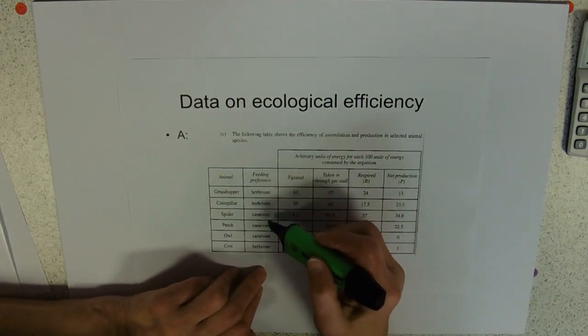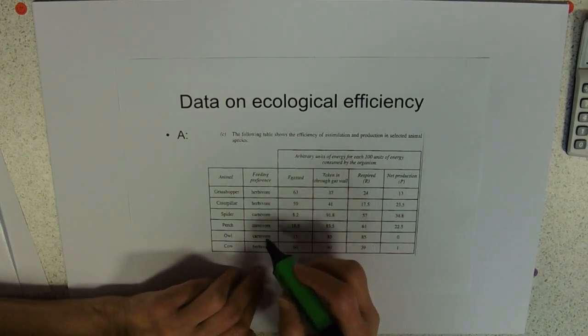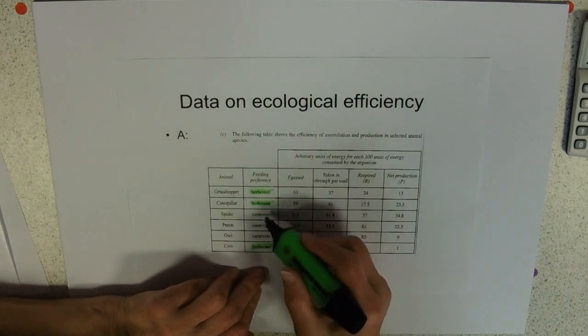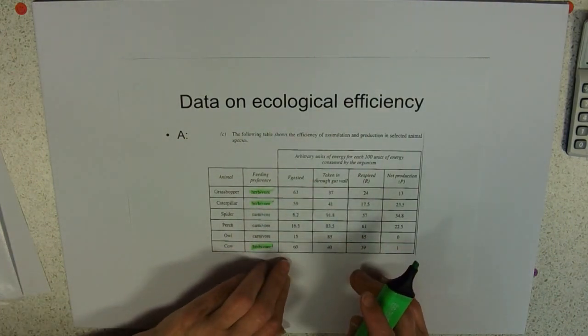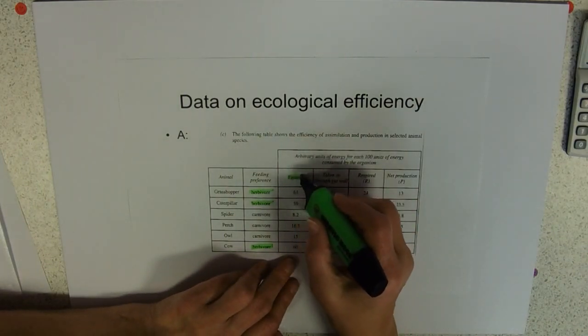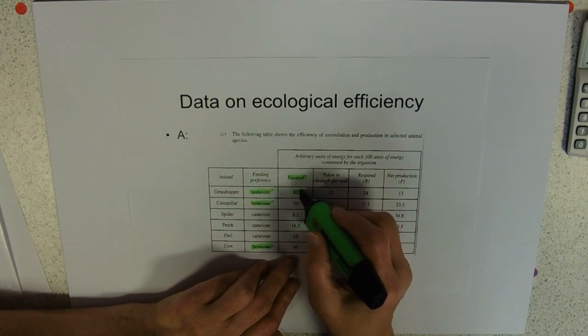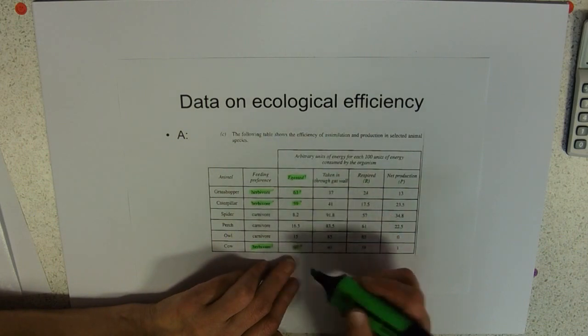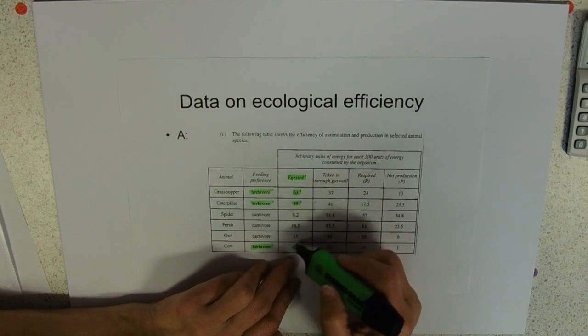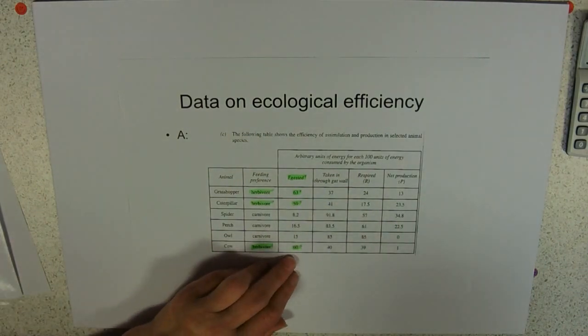We've got their feeding preference, so a mixture of herbivores and carnivores, and we have the ingested waste. If I highlight my herbivores, you can see their numbers are much higher than the carnivores.